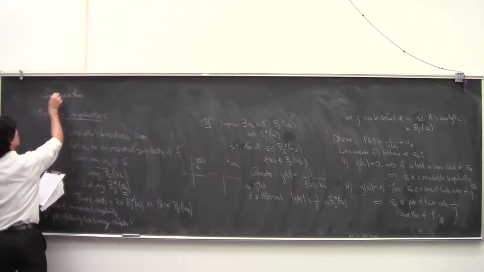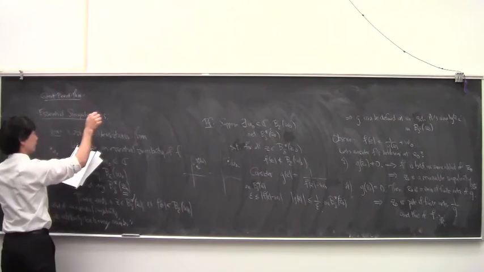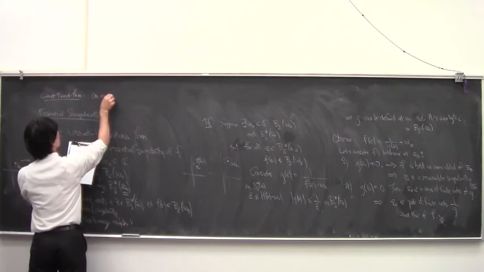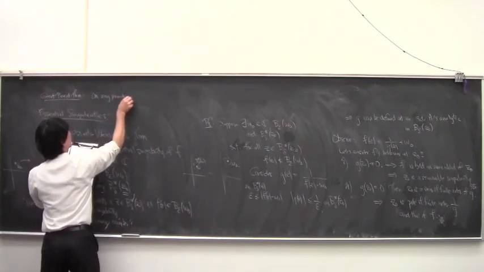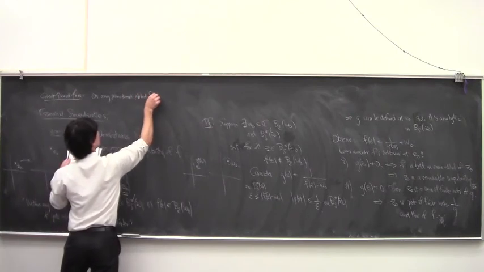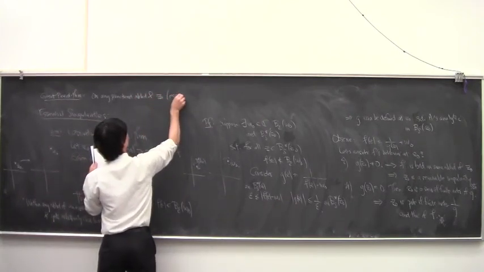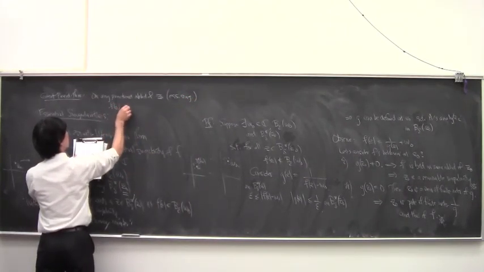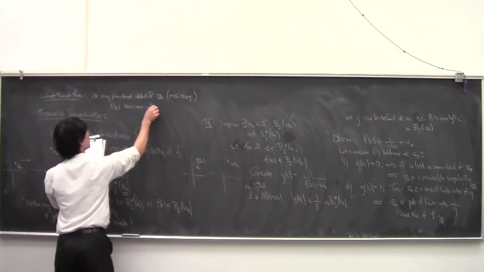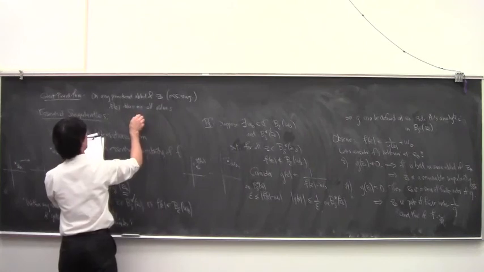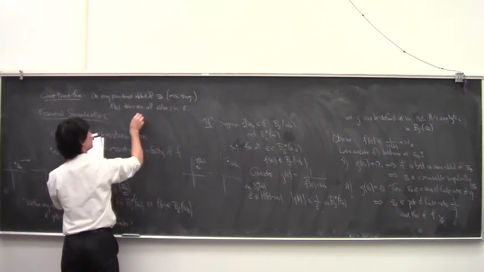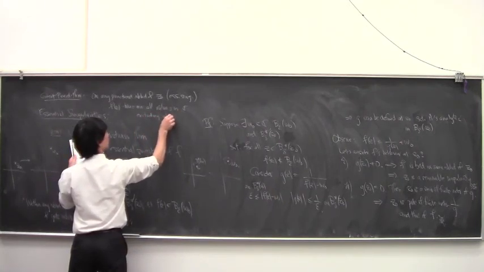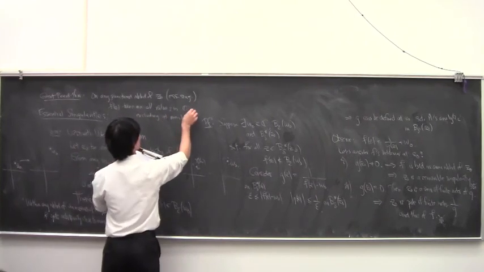And I might have actually misstated this as the little Picard theorem, but on any punctured neighborhood of an essential singularity, f of z takes on all values in the complex plane, excluding perhaps at most one. It takes on all values in the complex plane infinitely often.